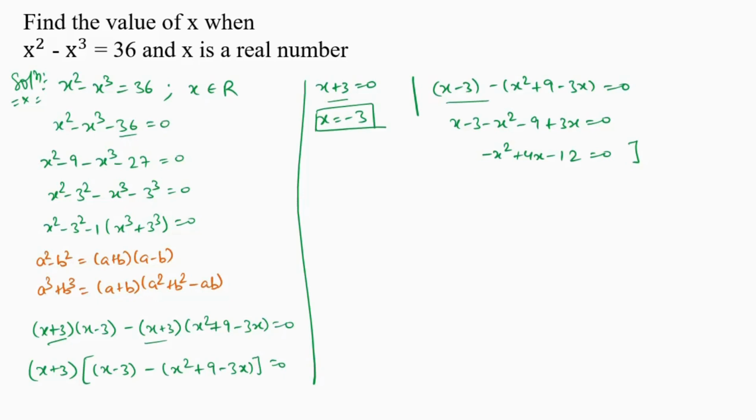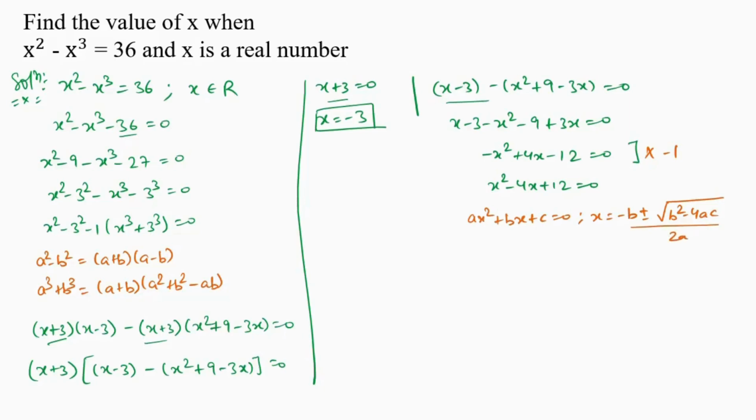Now multiply this whole equation by minus 1. So we get x squared minus 4x plus 12 equals 0. So we can find the value of x using the quadratic formula. We know that if an equation is written in the form ax squared plus bx plus c equals 0, then x can be found by minus b plus minus under root b squared minus 4ac, divided by 2a.